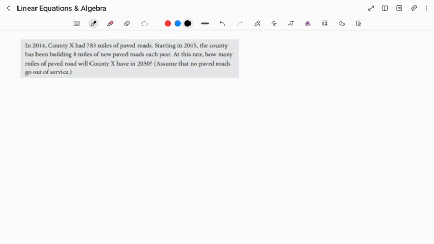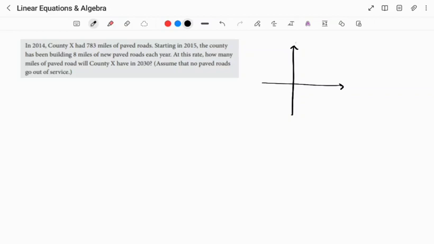Okay, how do we begin? First, we need to identify our variables. Because we know we're solving linear equation questions, we can think of a graph. And now we need to figure out what is our x and what is our y. In this question, what is it asking for first? It's asking for how many miles of road will be built.